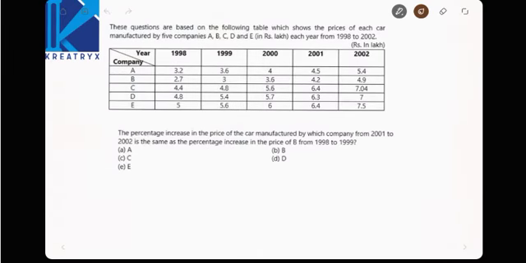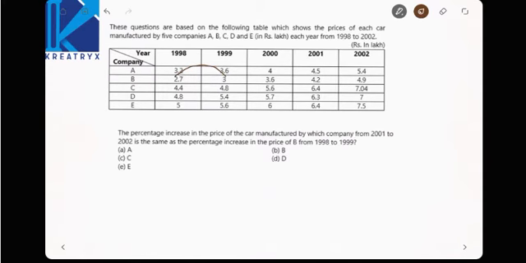Next question: the percentage increase in the price of the car manufactured by which company from 2001 to 2002 is the same as the percentage increase in the price of B from 98 to 99. Now observe the percentage increase in B from 98 to 99.